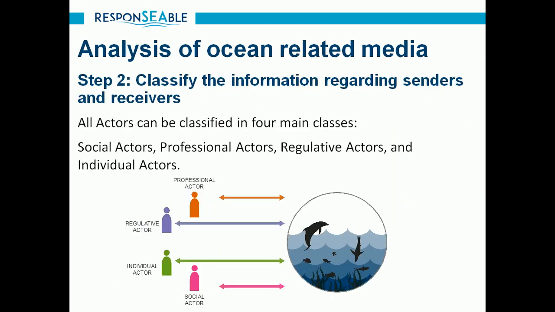Then, step 2. How can we classify the information regarding senders and receivers? Actually, all actors can be classified in 4 main classes: social actors, professional actors, regulative actors, and individual actors.